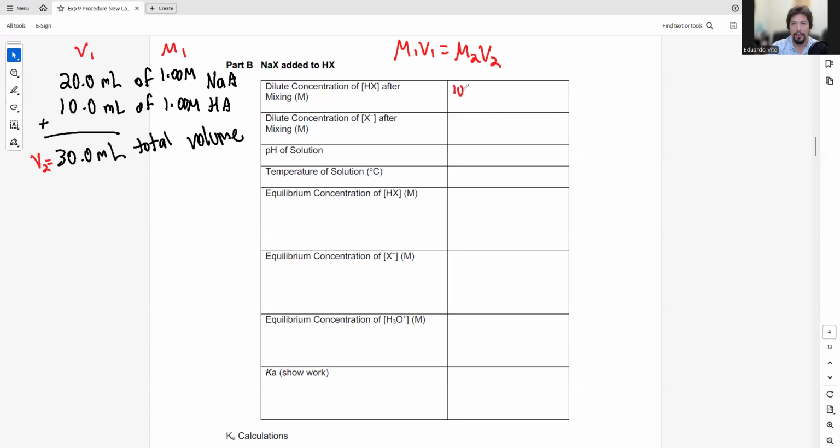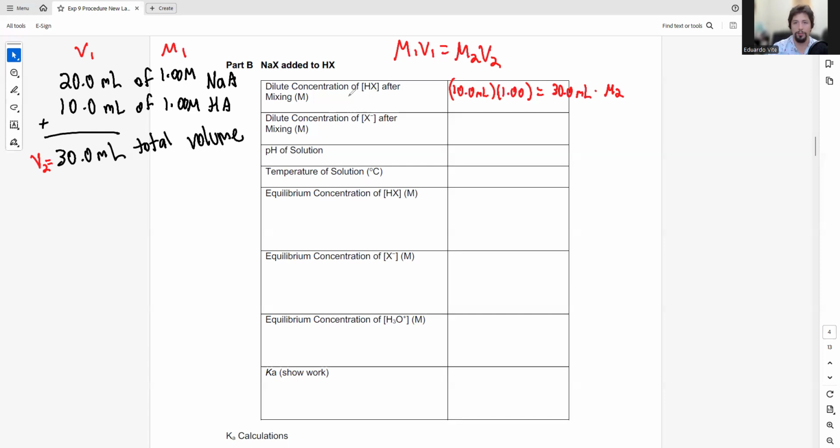We have 10 mils of 1 molar, and again, make sure you use your actual numbers, okay? And it could have been 1.01 or 1.00. I'm using 1.0 for simplicity. Is equal to V2, which is 30.0 mils, times M2. This is very straightforward. Just solve for M2, divide both sides by 30 mils. So 10 times 1 divided by 30 gives me 0.333.